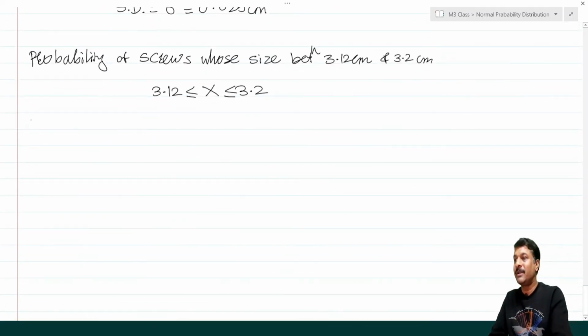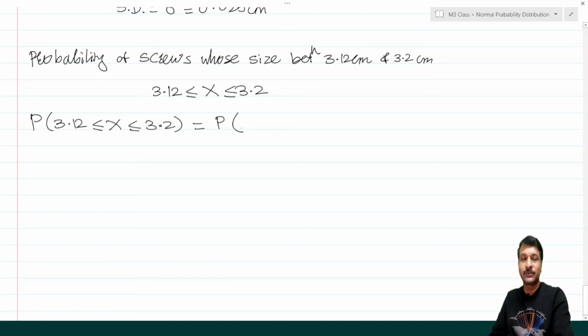So I will write here probability of x, 3.12 less than or equal to x less than or equal to 3.2. You convert into z. So what is the formula of z? Z equal to x minus mu by sigma. So x is 3.12 minus mu by sigma, less than or equal to, now it is in z, 3.2 minus mu by sigma. So put the values of mu and sigma.